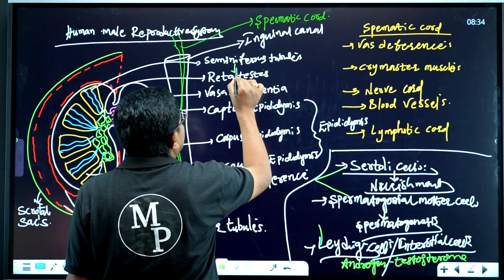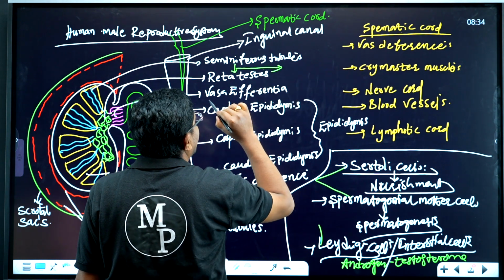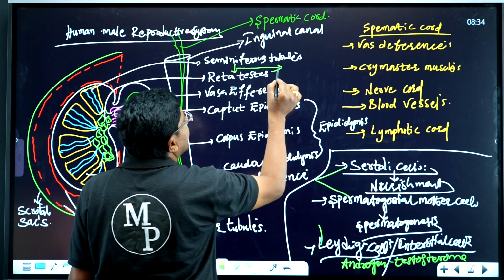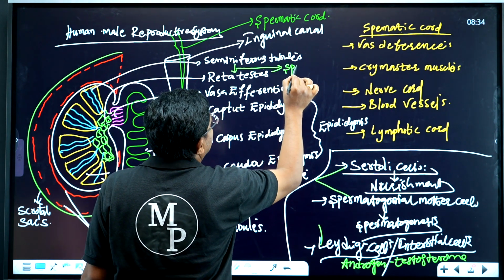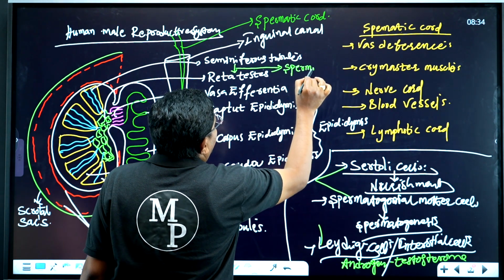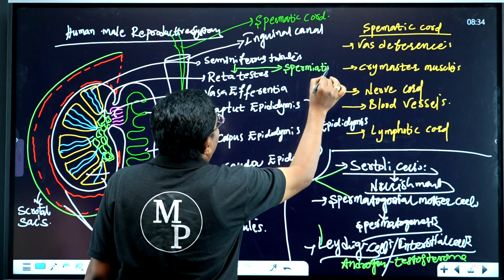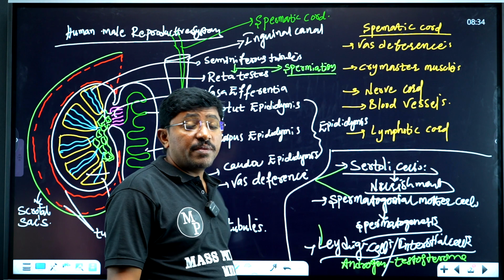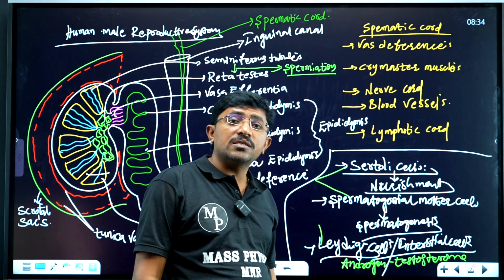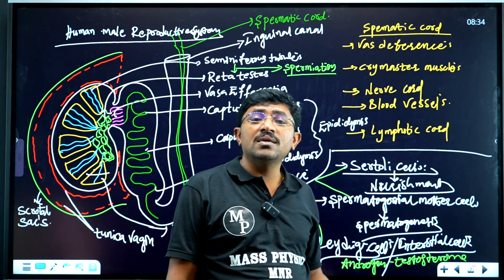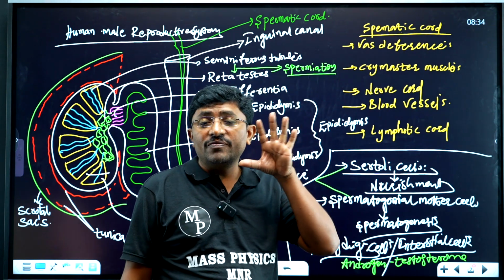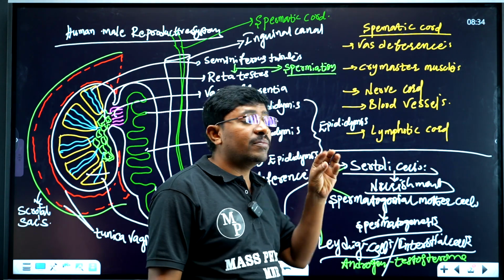The process of movement of spermatozoa from the seminiferous tubule into the rete testis is called spermiation. Questions based on spermiation, spermiogenesis, spermatogenesis, erection and ejaculation, these five words, are 100% there in our NEET exam.